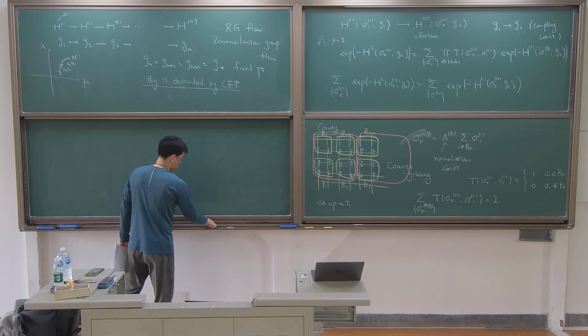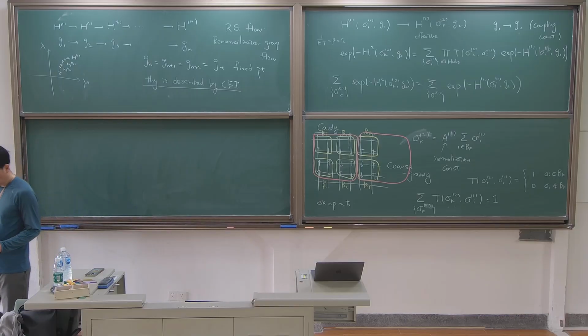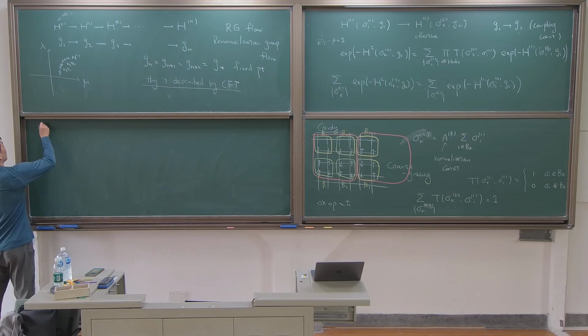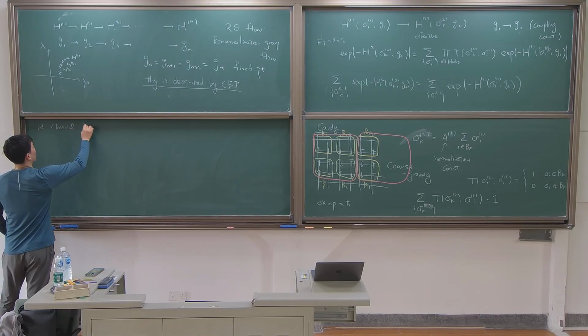The simplest example is the one-dimensional classical Ising model.